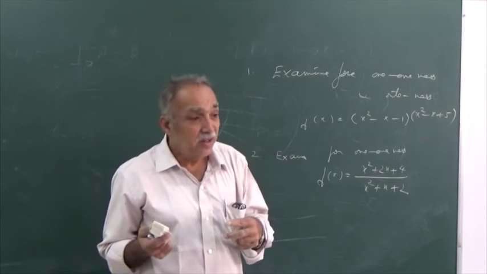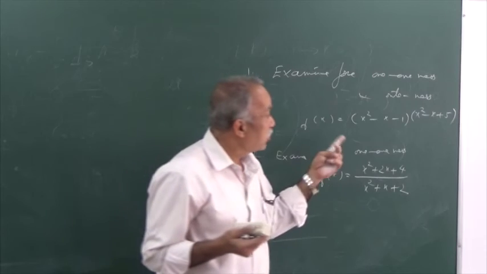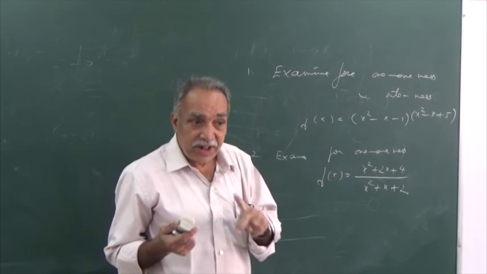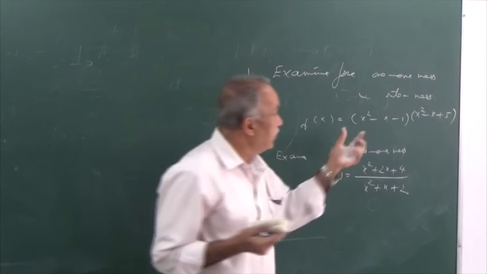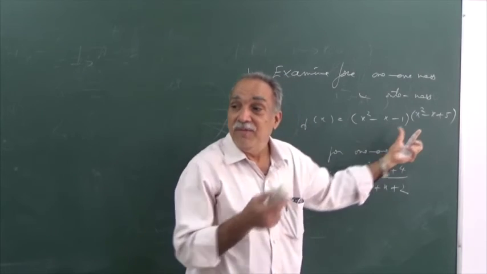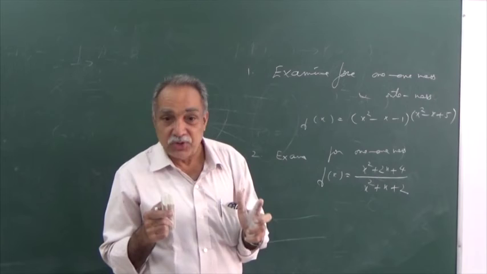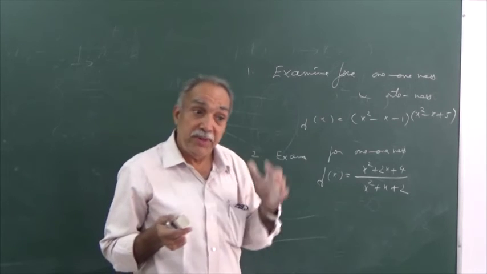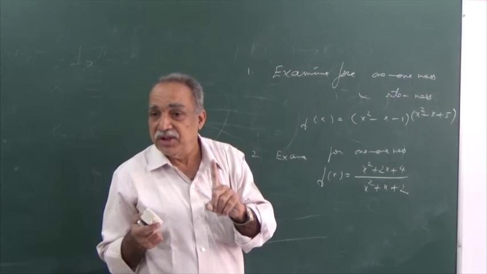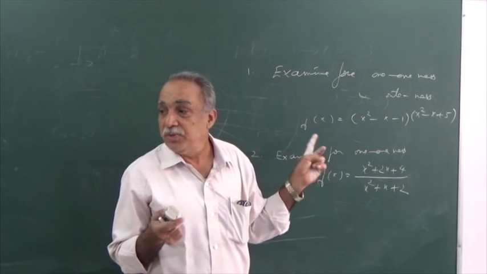That means both at 0 and 1, the portion x square minus x takes the same value. Therefore, the whole product also will have a common value at both x equal to 0 and x equal to 1. There may be more points also, but to claim that the function is not 1-1, one set is enough for me. I have identified two numbers having the same image, so the function fails to be 1-1.